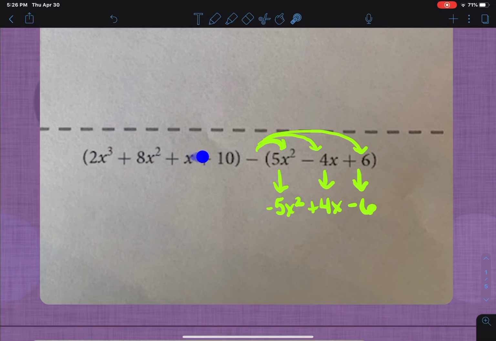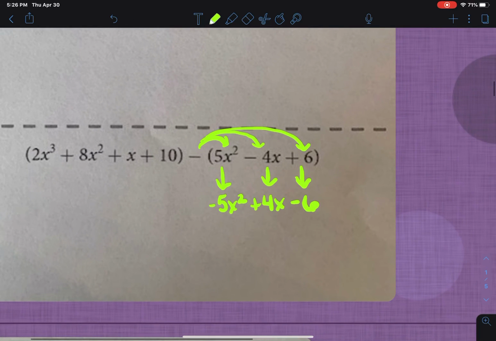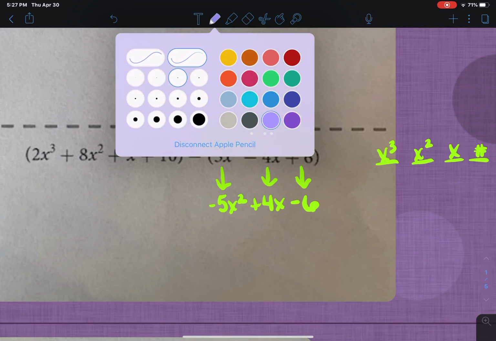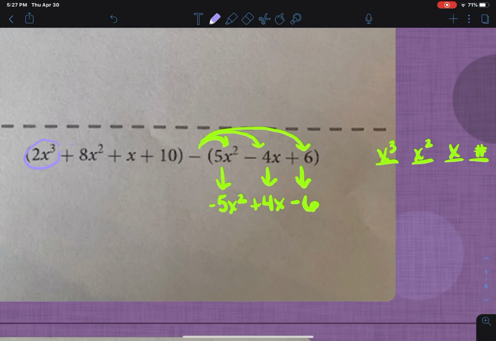Now to make my columns, I have to look at this and this. So that means the highest exponent I have is 3. So x to the third, x squared, x, and my number. And then I'm going to start to sort my pieces. So we're going to sort these 4 pieces first. I am going to add a 1 there.